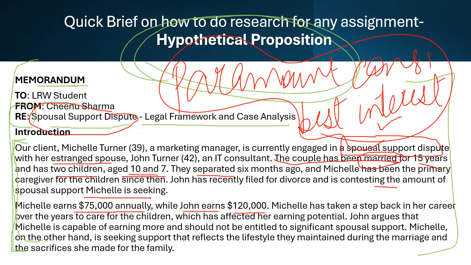Michelle has taken a step back in her career over the years to care for the children, which has affected her earning potential. John argues that Michelle is capable of earning more and should not be entitled to significant spousal support. Michelle, on the other hand, is seeking support that reflects the lifestyle they maintained during the marriage and the sacrifices she made for the family. So the proposition is very simple.